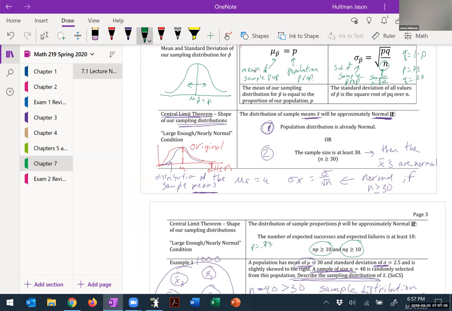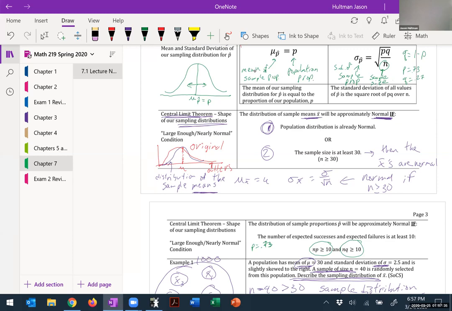Is a sample size of 10 big enough? Well, 10 times 0.73 is 7.3, and that is not bigger than 10. So a sample size of 10 is not large enough.